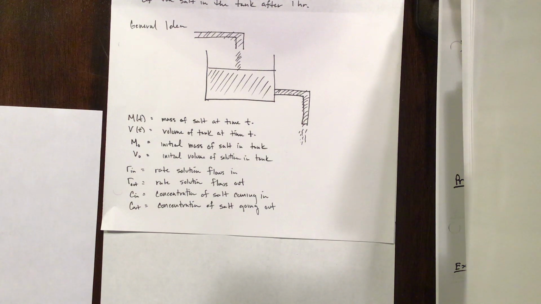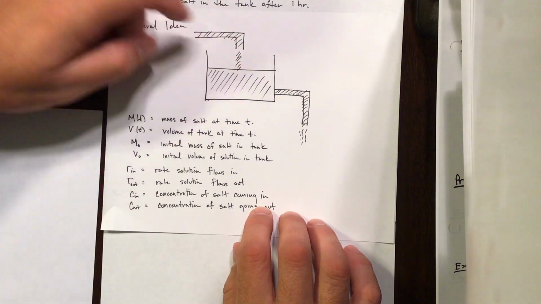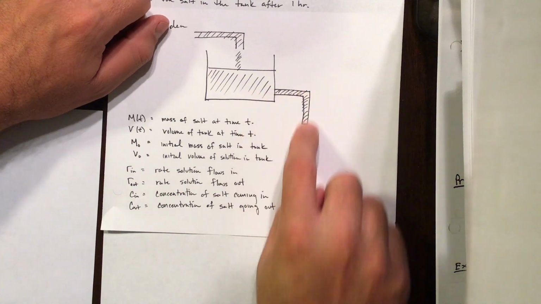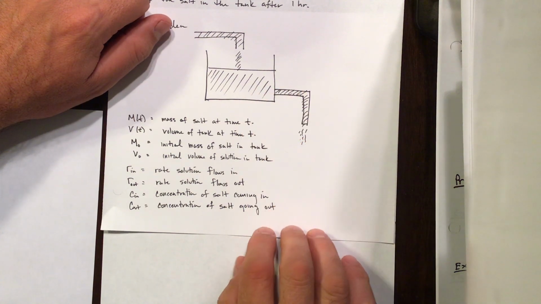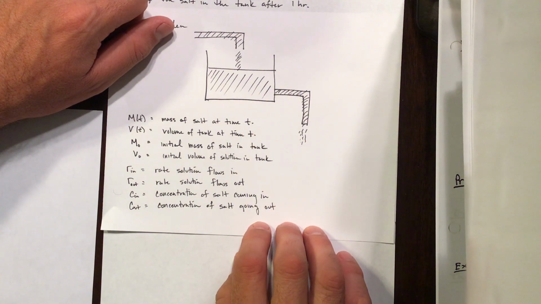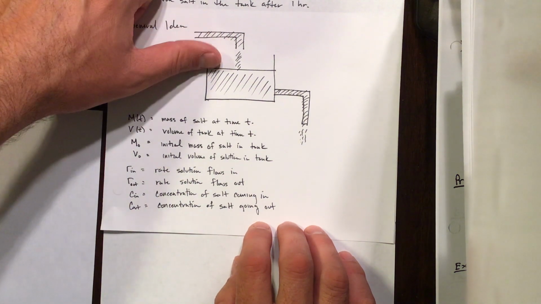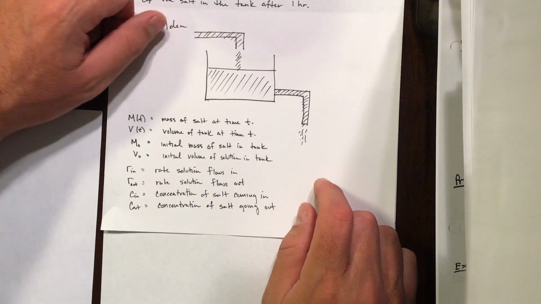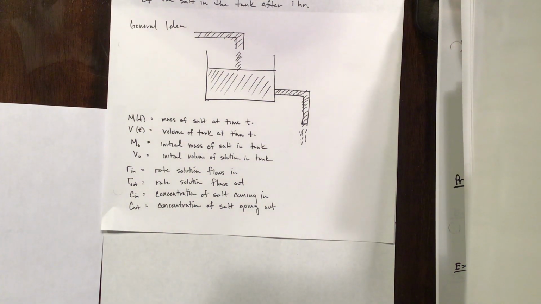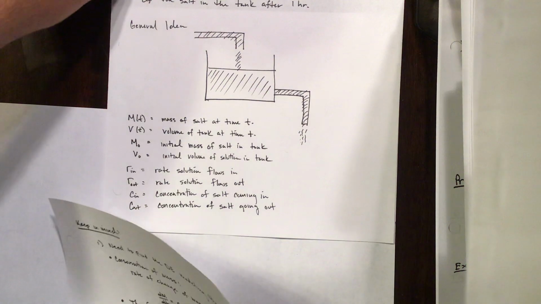M naught is the initial mass of the salt in the tank. V naught is the initial volume of the solution in the tank. R in is the rate at which liquid is flowing into the tank. R out is the rate at which it's flowing out. C in and C out are the concentrations of the chemical in the liquid as it goes in and as it goes out. Those are what each of those symbols will represent.